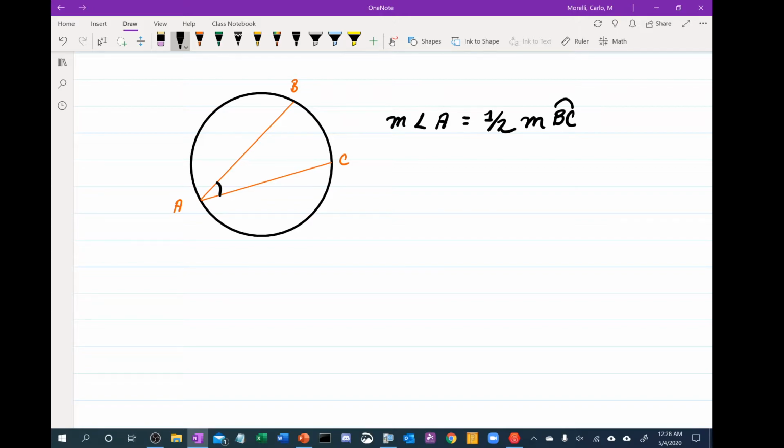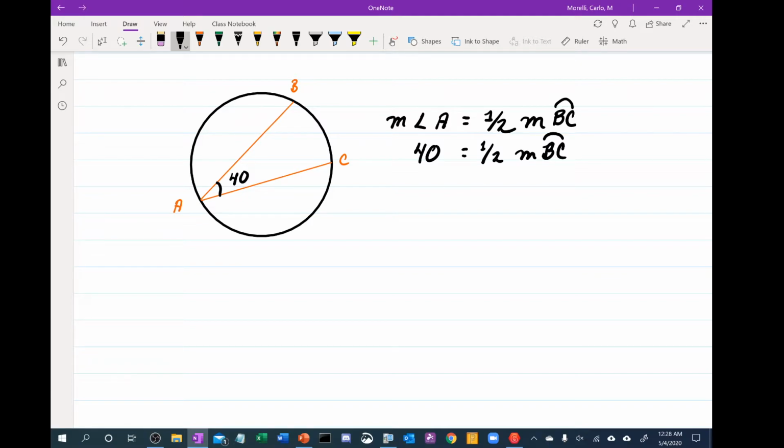So I'll give you an example. Let's say that you're given that the measure of angle A is 40. So if the measure of angle A is 40, that has to be equal to 1/2 the measure of arc BC. All right? So 40 is 1/2 of what number? Well, it's 80, right?